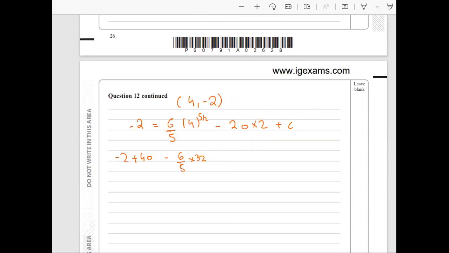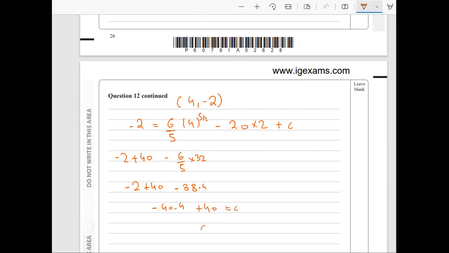This gives minus 2 plus 40 minus 38.4. That is minus 40.4 plus 40 equals c.